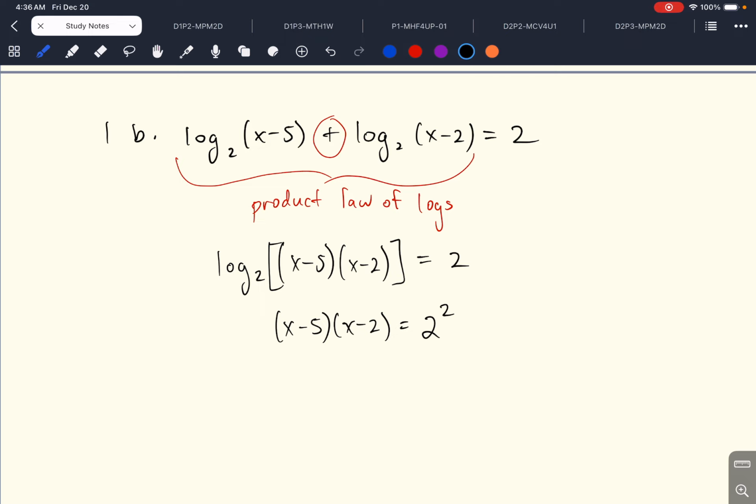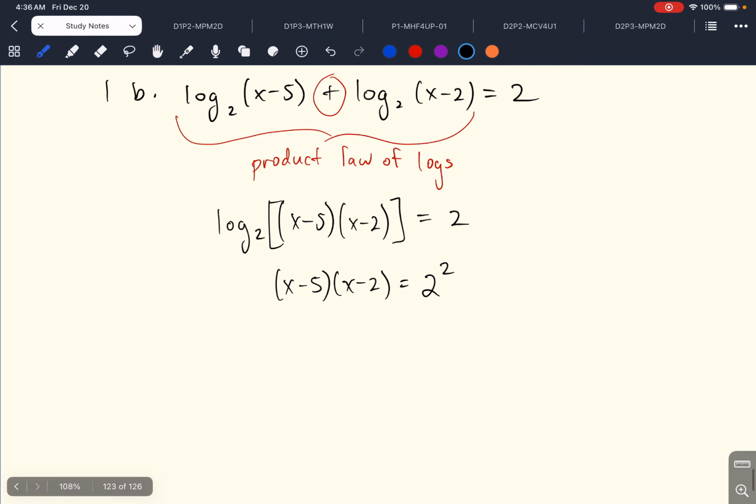And now I just have a quadratic equation that we can solve. Okay, and so if I expand these two binomials, we'll have here x squared minus 7x plus 10, and if I bring the 2 squared over to the left side, it'll be minus 4 equal to 0.